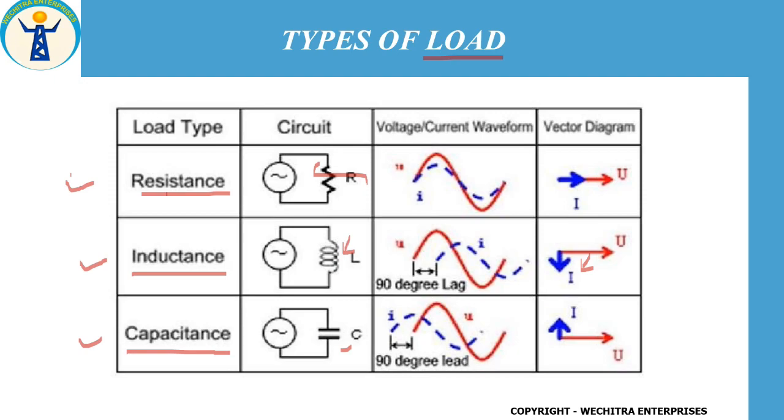In capacitive load, as you can see in this waveform, current leads the voltage by 90 degrees. In the vector diagram, again this is your voltage, and your current is leading by 90 degrees. So this is all about the types of load.